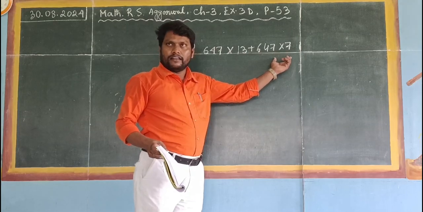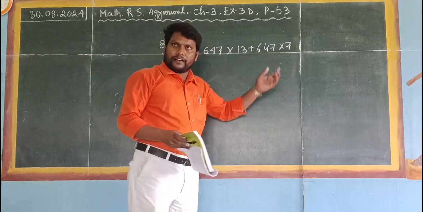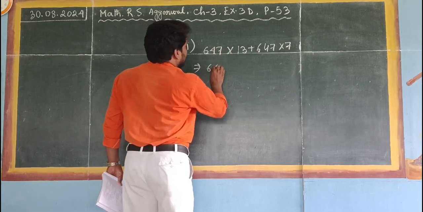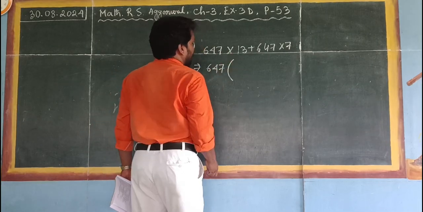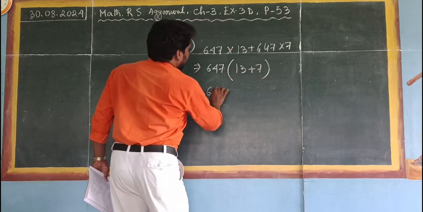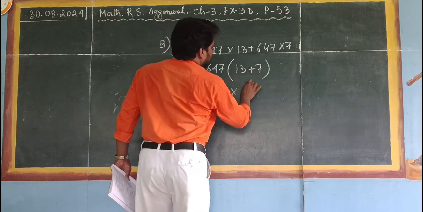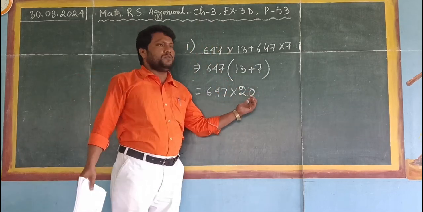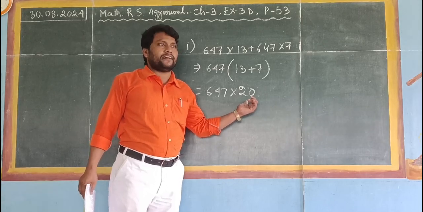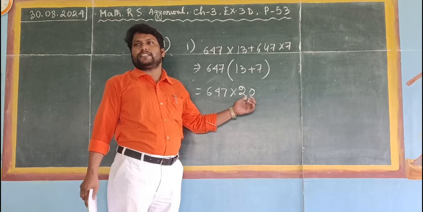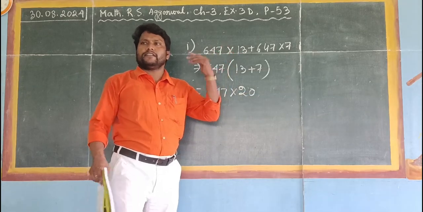You have to simplify. So 647 will be common, within the bracket 13 plus 7, that means 20. What I have said, always you will get a multiple of 10: 10, 20, 30, 40, 50, 60, 70, then 100, 1000, 10,000.